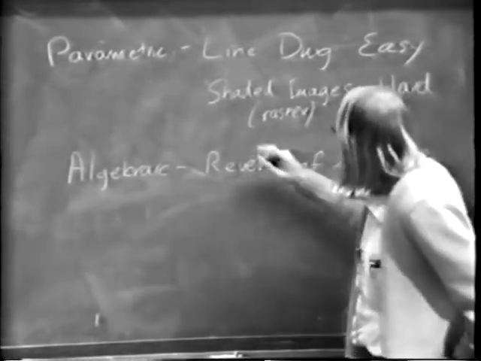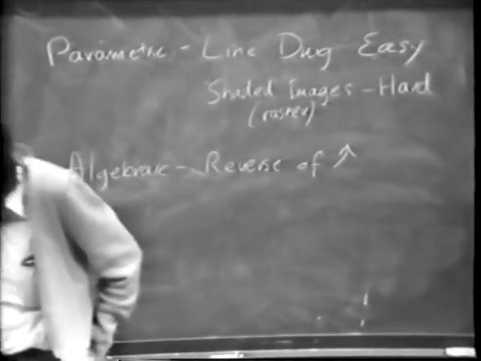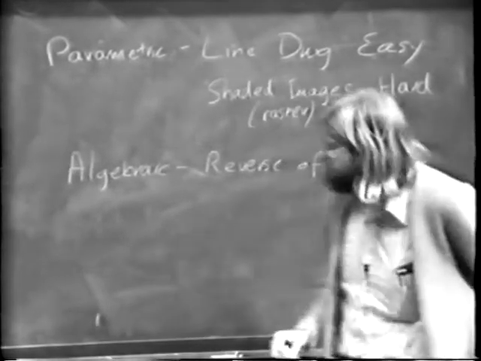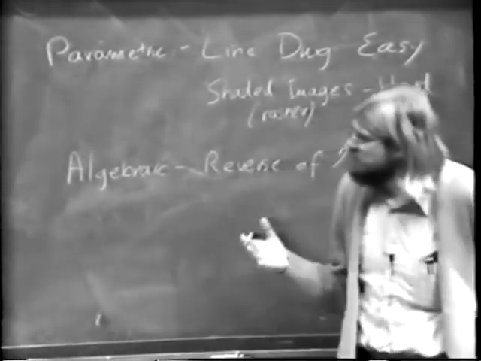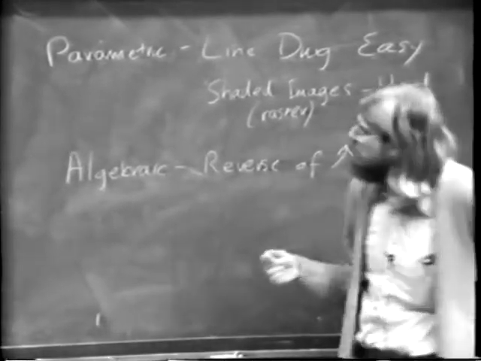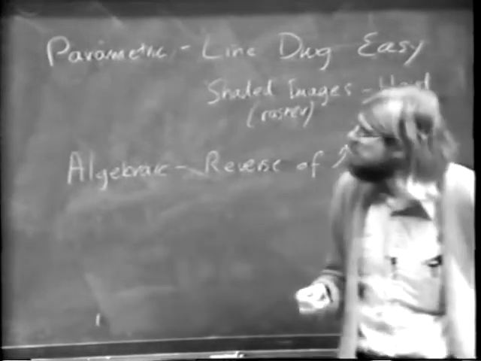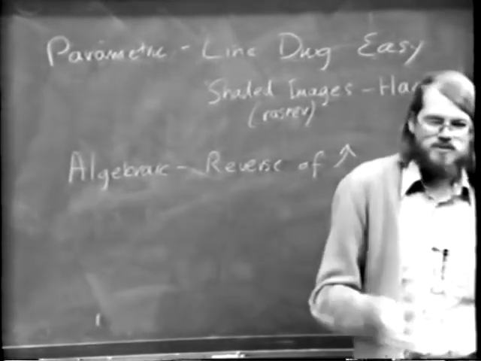But making shaded images of it, raster images, is somewhat easier because you just plug an x and y value in here and solve for the z. Algebraic surfaces are good for situations where you're asking a question: here's a point, is it on the surface or not? Parametric surfaces are good for answering the geometric question of: give me a whole bunch of points that are on this surface.